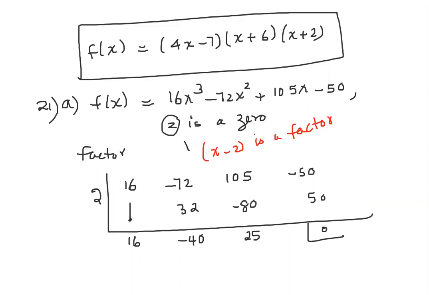So we are getting 0 because 2 is a 0, right? This is part A. The next question is, we have to write the quotient. We have to write the answer as divisor times quotient plus remainder.